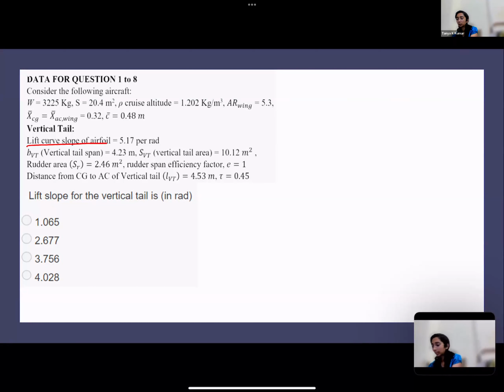Take a moment, try to do this, and then I'll give you the formula and we'll try solving it. Hint is in what I've underlined. Lift curve slope of the airfoil of the vertical tail is given. So how do you find the lift curve slope of the tail?